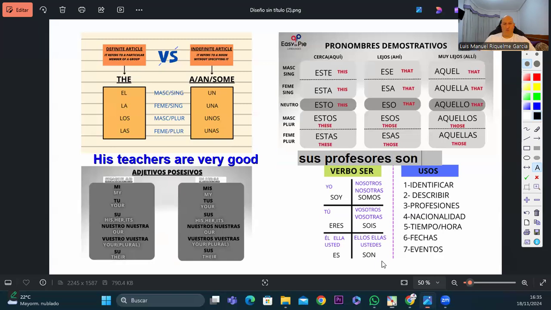Very. We've done this before. Very. Muy and good. Well, for good, we have bueno, but because it's plural, buenos. Sus profesores son muy buenos. His teachers are very good.